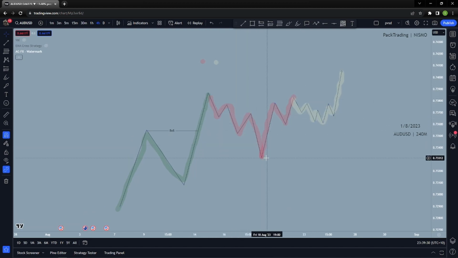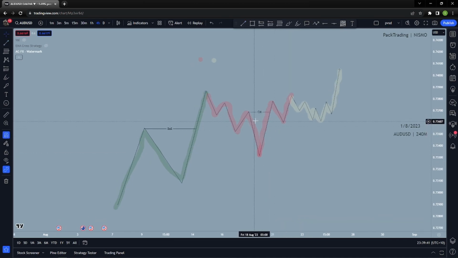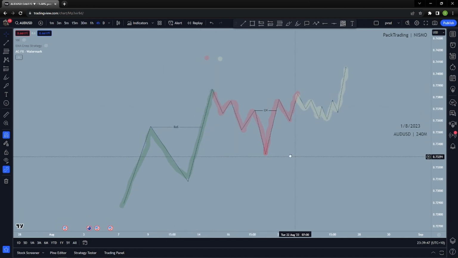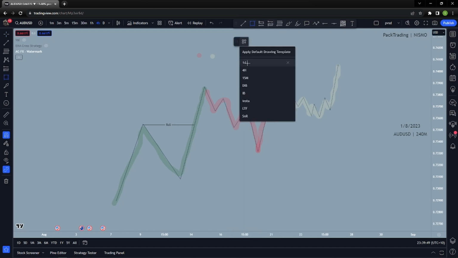All right. Now we see a choch on 15-minute. So we would use internal within the 4 hour market structure. For example, you guys will learn this later on.